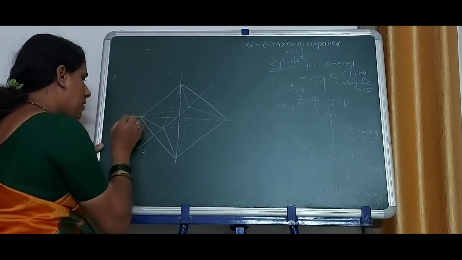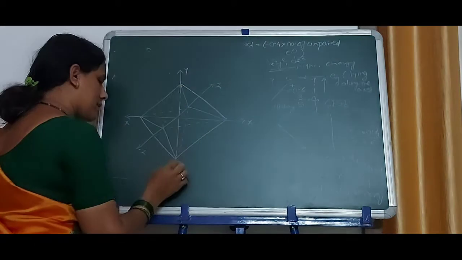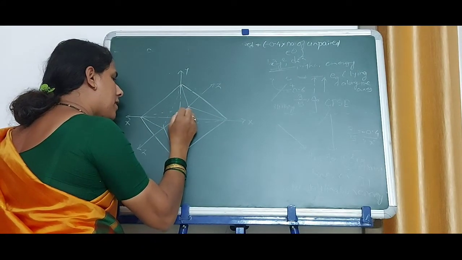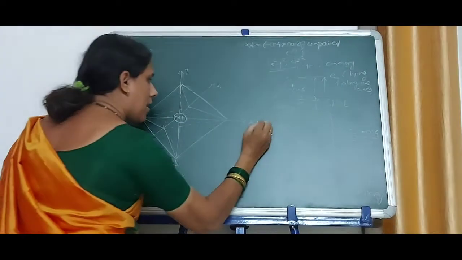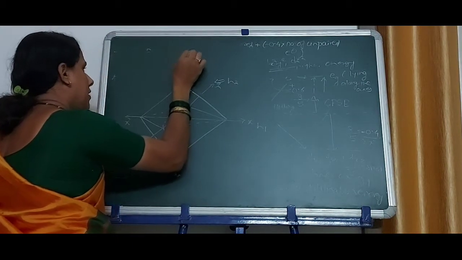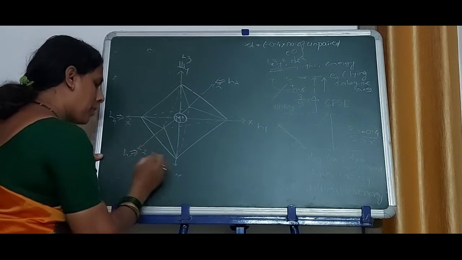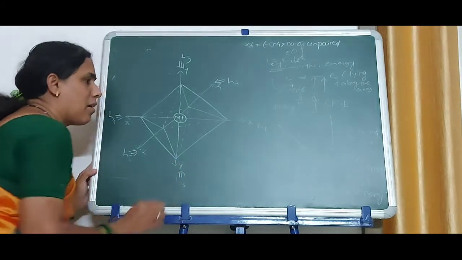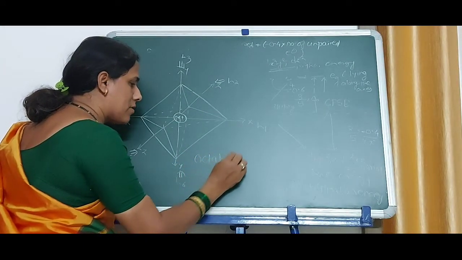This is the Z, this is the X, this is the X, this is the Z, and this is the Y axis. And the central point is the central metal ion. This is L1, L2, L3, L4, L5, and here L6. This is the 3D diagram for the octahedral complex.